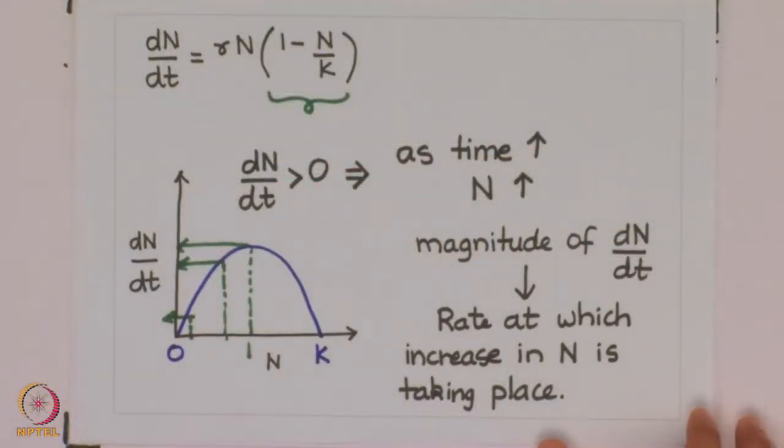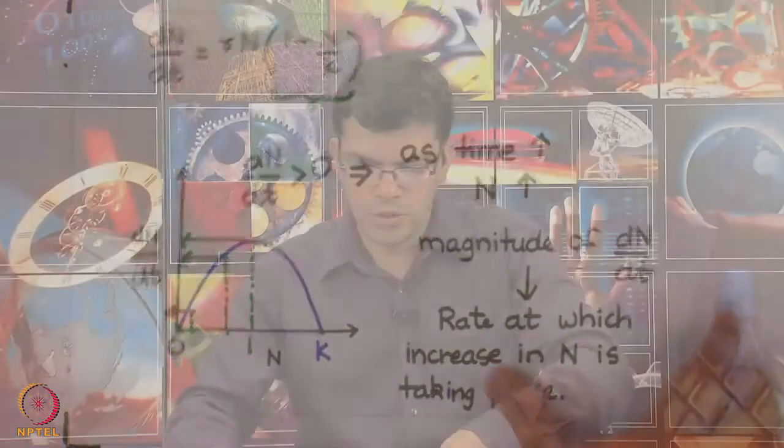But what we are going to try and do is plot the dynamics of the system with the help of this graph. To do that, let's redraw the graph that we started with one more time.